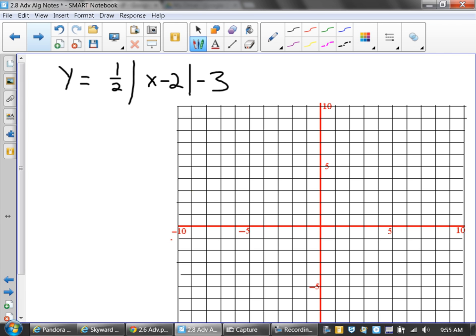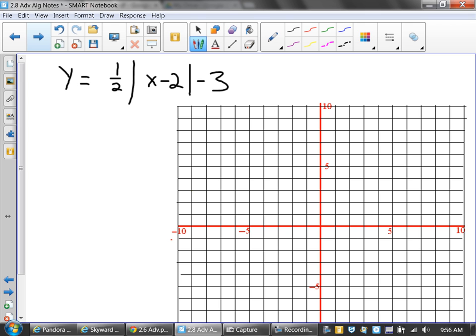So let's try another one. Same idea. We have y equals 1/2 times the absolute value of x minus 2, and then minus 3. Do you want us to always set up this? For the first few of these, it's not a bad idea until it starts beating you through your brain enough.